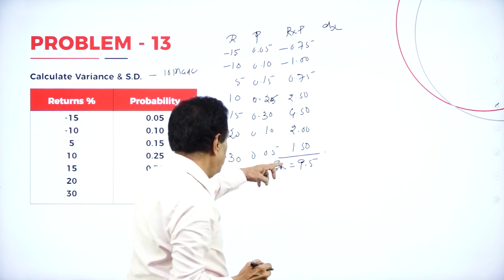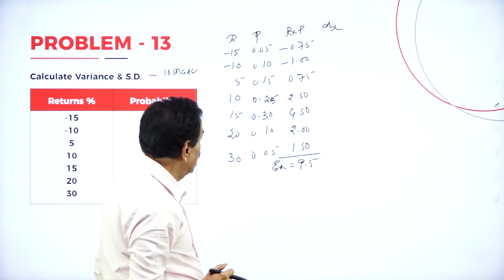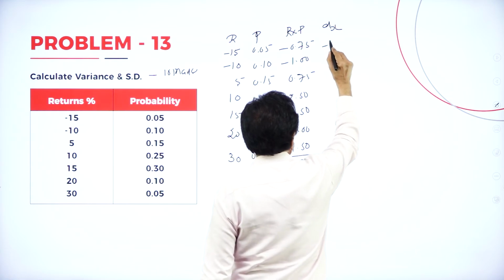So then dx, deviation: minus 15 minus 9.5 is minus 24.5.